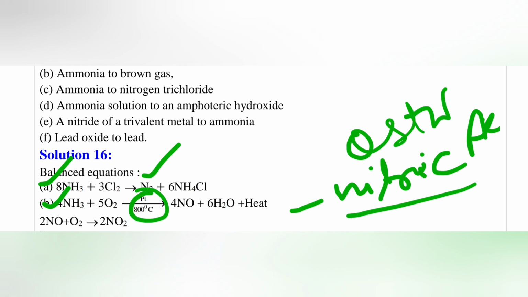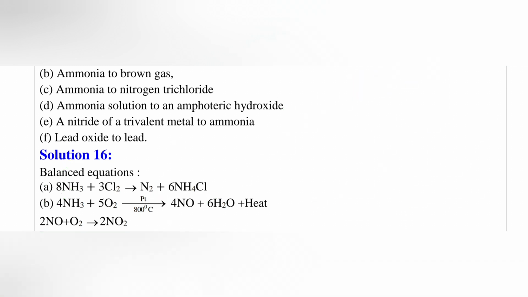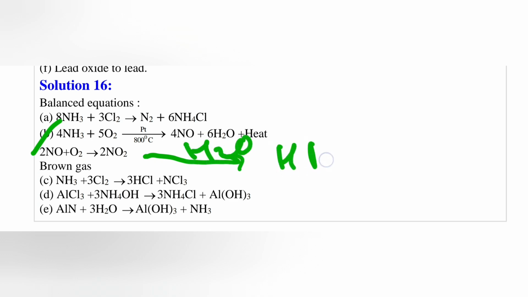When ammonia is heated with oxygen in the presence of a platinum catalyst, it gives nitric oxide, NO. This nitric oxide gets further oxidized to form nitrogen dioxide, and this nitrogen dioxide when hydrolyzed gives HNO3. So this is the complete Ostwald process.